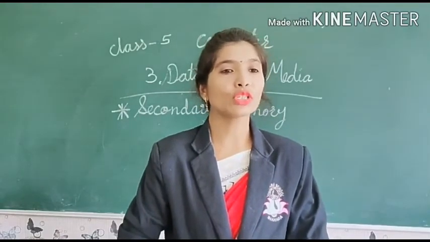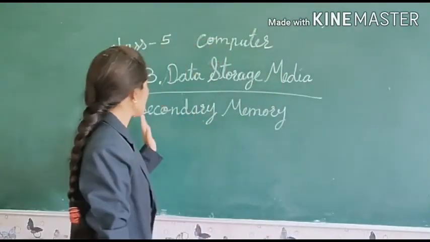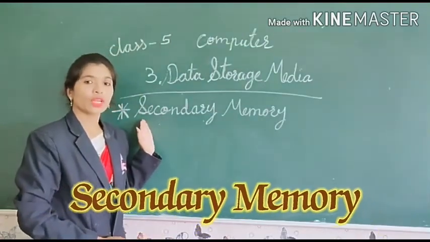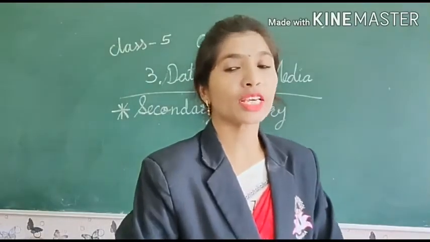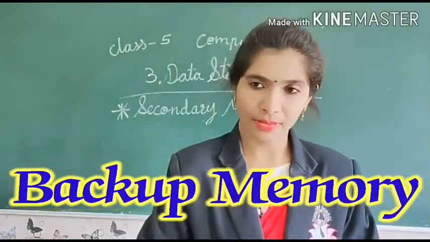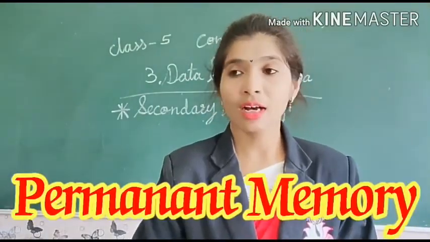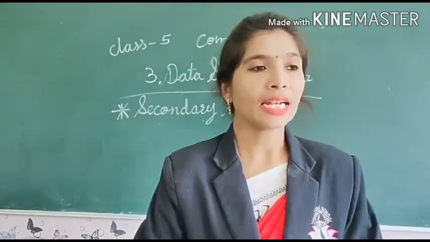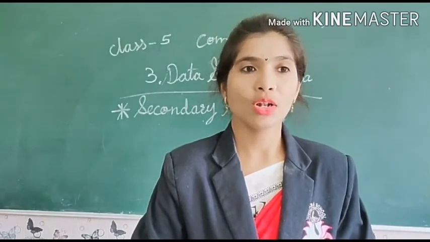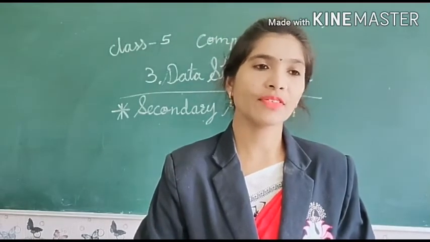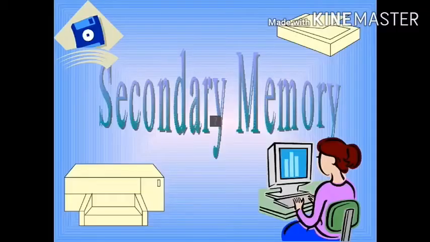So today we are going to learn about secondary memory. Secondary memory is known as backup memory. Secondary memory is the permanent memory. In secondary memory, we can store the information for a long period. That we will see now.